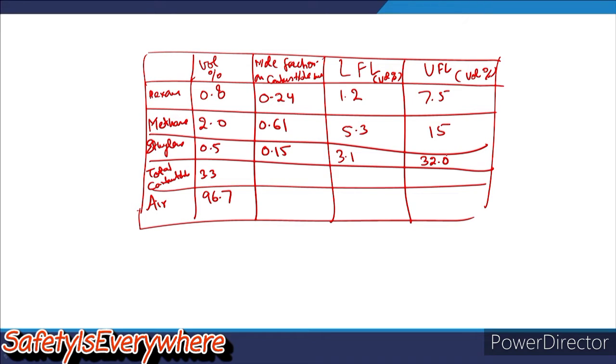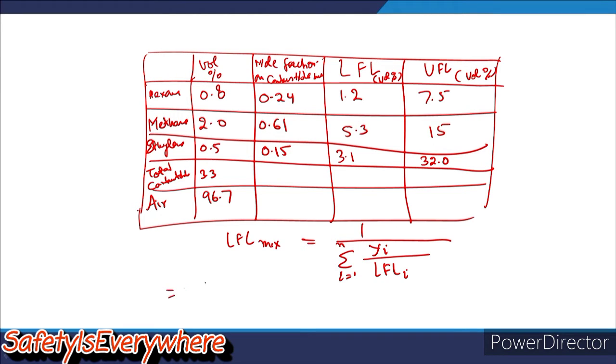So we have calculated the mole fractions, and then we go ahead with the standard formula which we discussed in the fire and explosion topic. We may use this equation: LFL of the mixture is equal to 1 upon the summation, i equal to 1 to n, where n is the number of components, of Yi, the mole fraction of the respective component, divided by the LFL of the individual component.